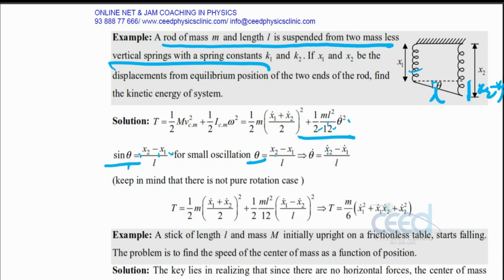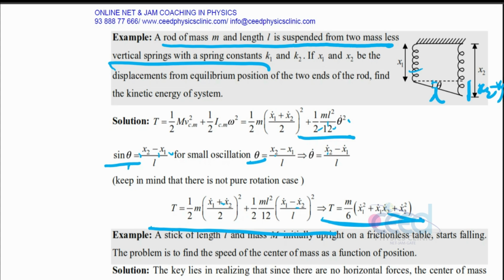Now we substitute into the total energy term: half m v center of mass squared plus half m L squared by 12 into theta dot squared, using a plus b whole squared and a minus b whole squared, and m by 2 we can take out. Finally you get an expression like this: m by 6 into x1 dot squared plus x2 dot squared plus x1 dot times x2 dot.